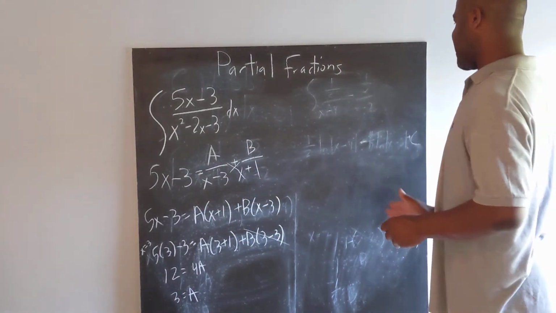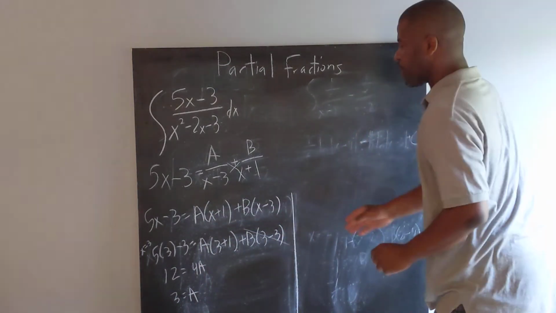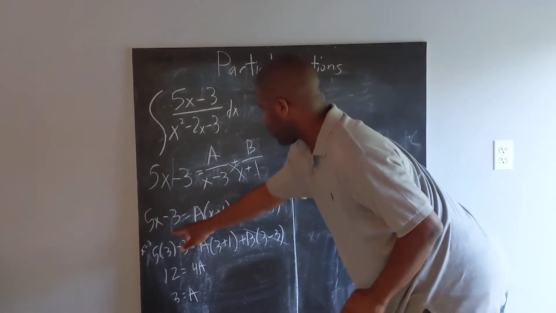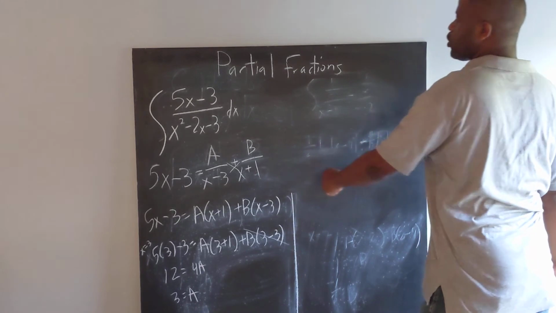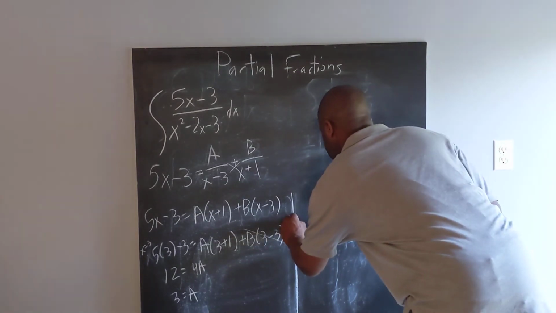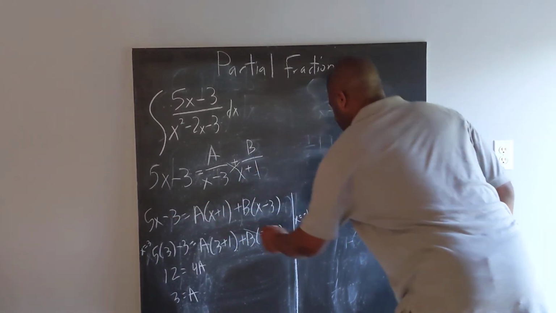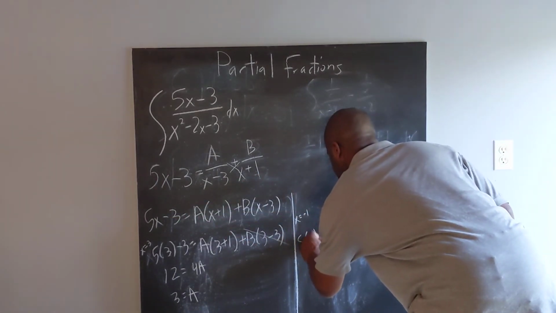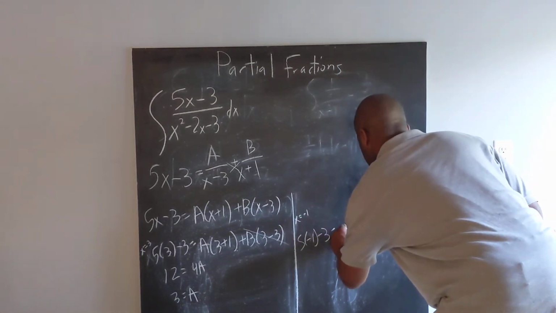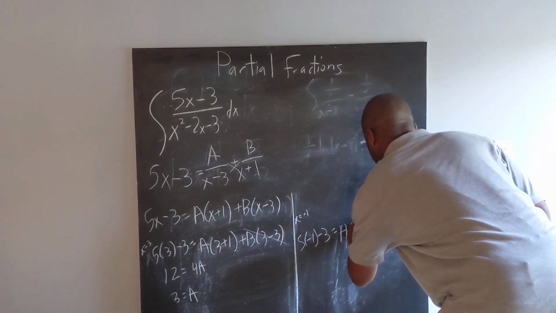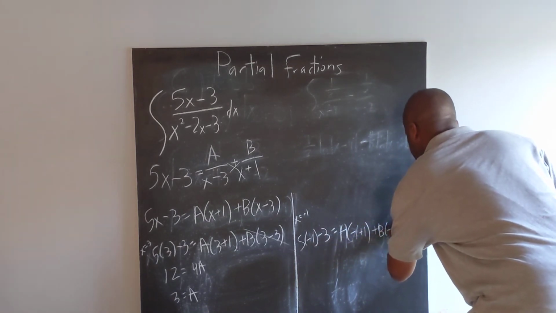We repeat the exact same process over here. But where here we said x was equal to 3, we need to say x is equal to negative 1. Repeat the process. 5 times negative 1 minus 3 equals a times negative 1 plus 1 plus b times negative 1 minus 3.